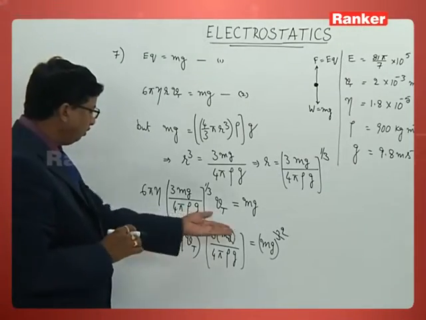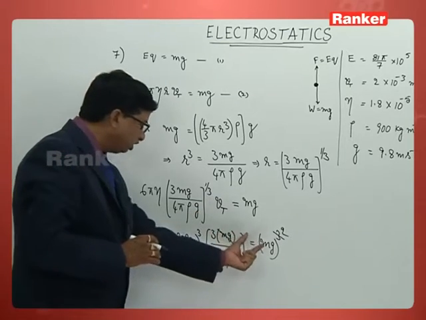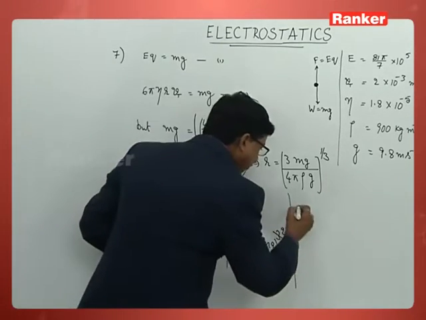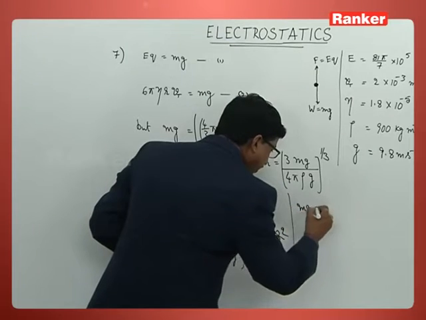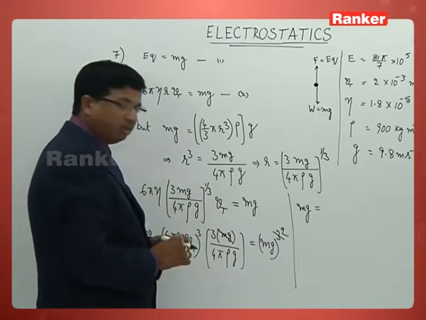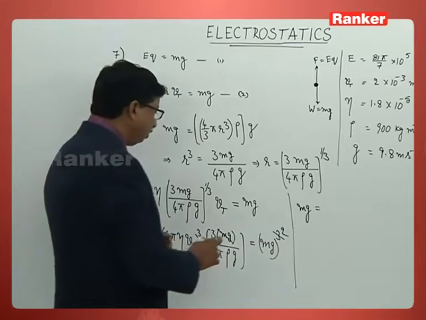So can't you just write what is the corresponding equation for mg over here now? You can simply write this one as mg is equal to root of this whole thing. What is that root of this whole thing now?